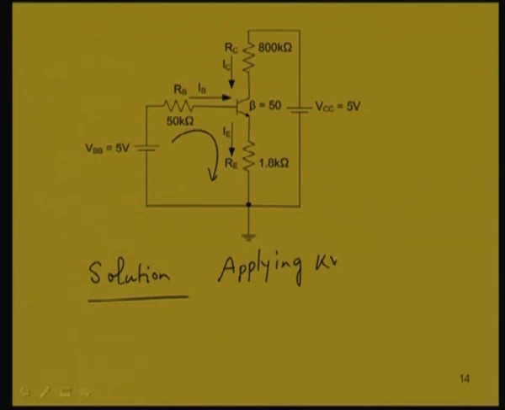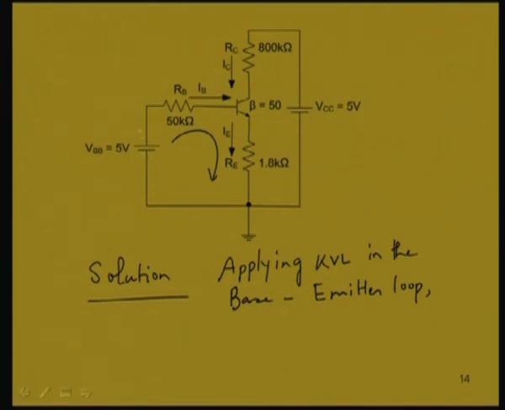So, applying KVL in the base emitter loop, we can write the equation. The algebraic sum of the voltage drops is 0, that is the KVL. Start from this negative to positive, rising voltage, so it will be positive 5 volt.